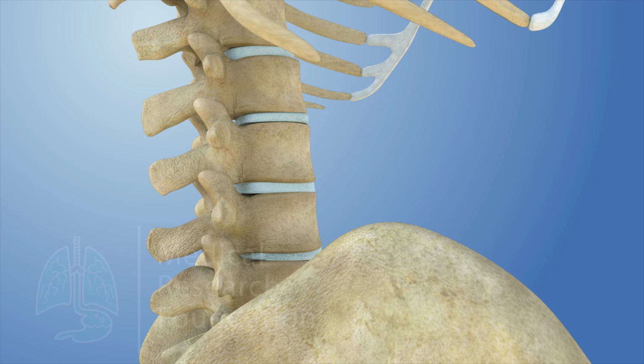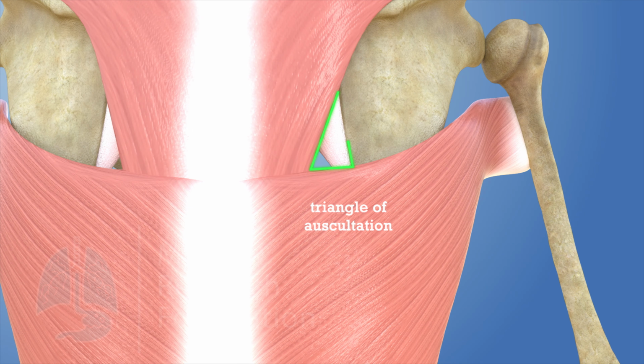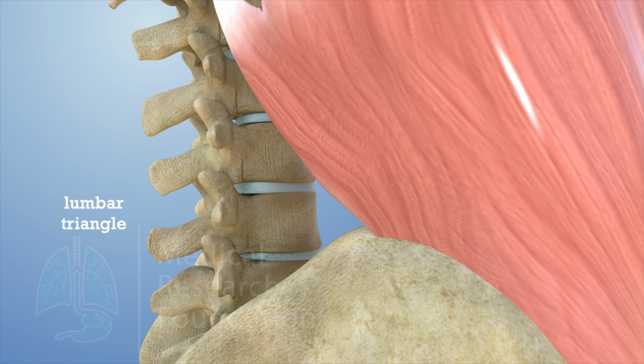Two important triangles are related to latissimus dorsi: the lumbar triangle and the triangle of auscultation. Lumbar triangle, also called the triangle of Petit. It is situated above the iliac crest. Boundaries. In front, the triangle is bounded by the posterior border of the external oblique muscle.